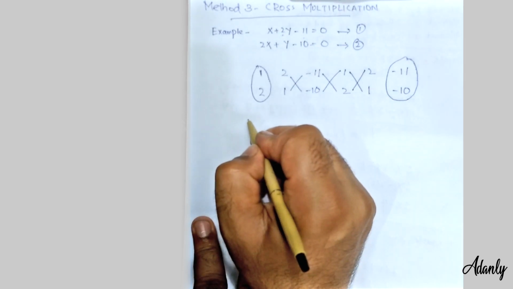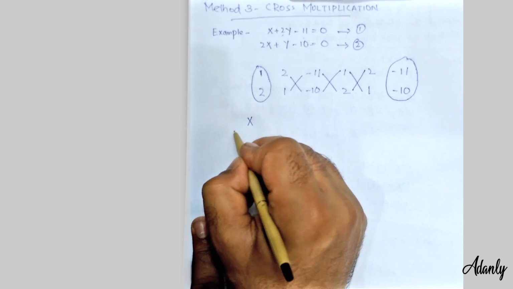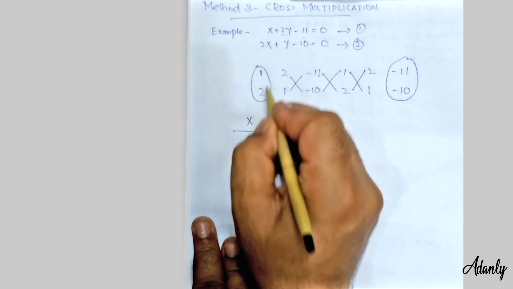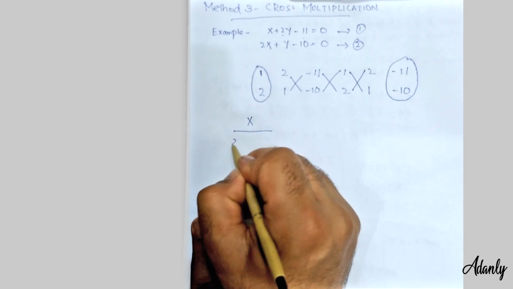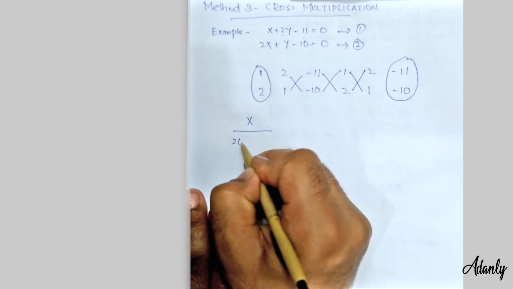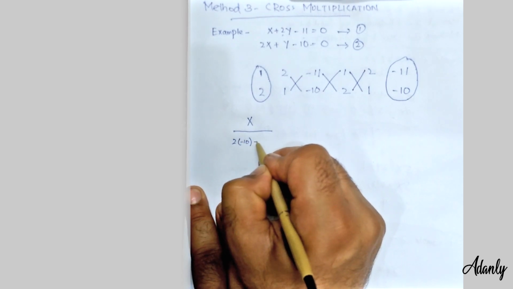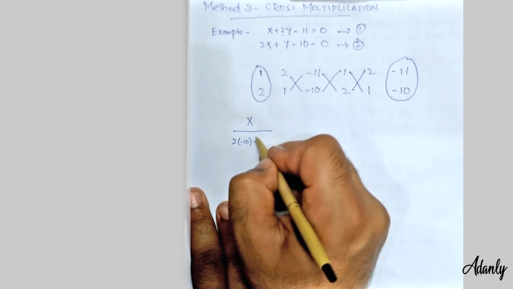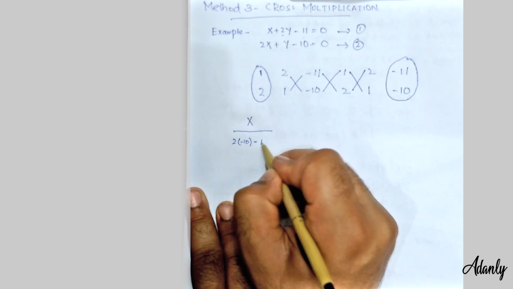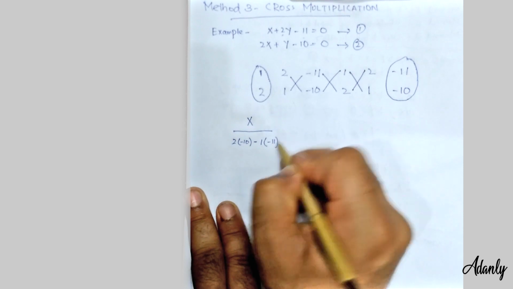We will first write x, then we will write divided by 2 multiplied by minus 10, 2 into minus 10, and then we will write minus 1 into minus 11, that is this one.